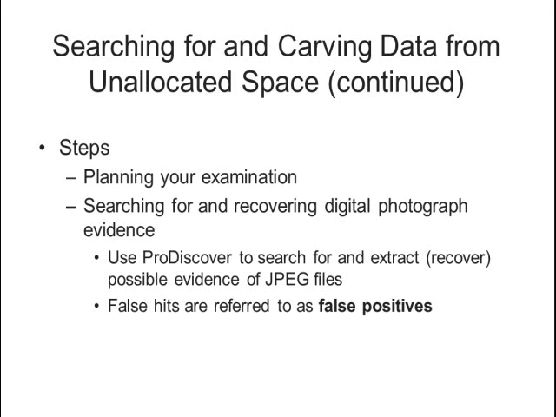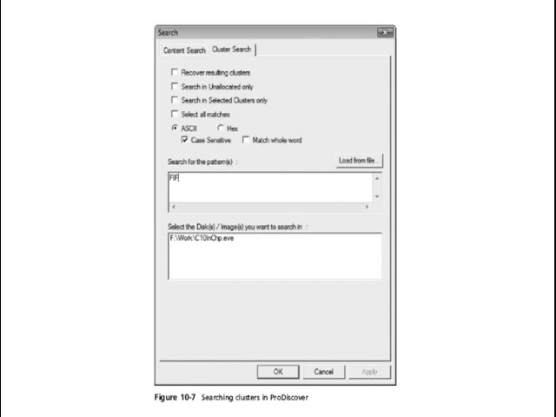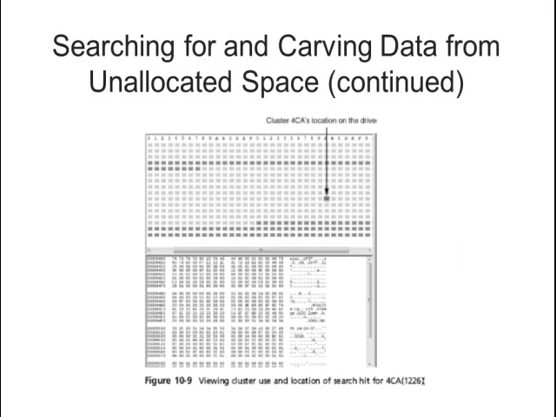Use ProDiscover to search for and extract or recover possible evidence of JPEG files. False hits are referred to as false positives. Okay, and recovering more pieces of the file if needed. Examining file header. Compare with a good header example.